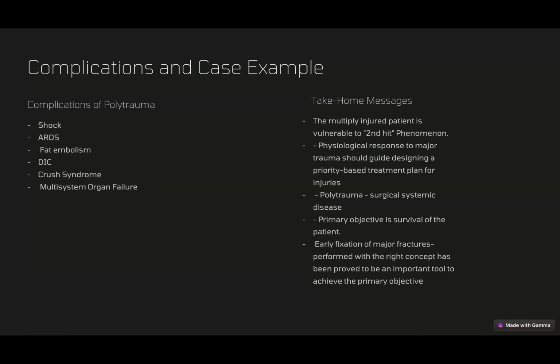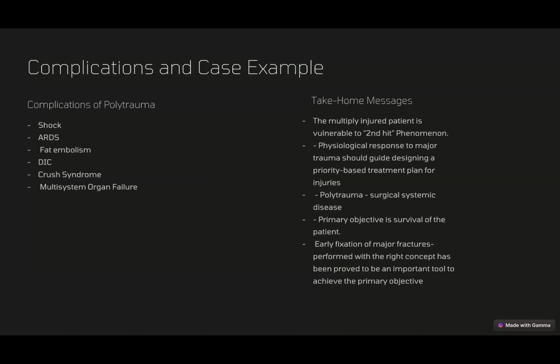So you've seen how we've gone through the systematic management of these patients through the primary survey, secondary survey. Then polytrauma is a surgical systemic disease. Then also the primary objective of management of this patient is for their survival.